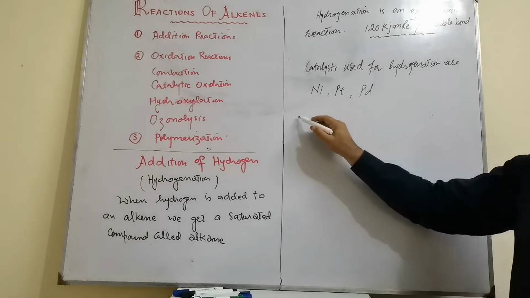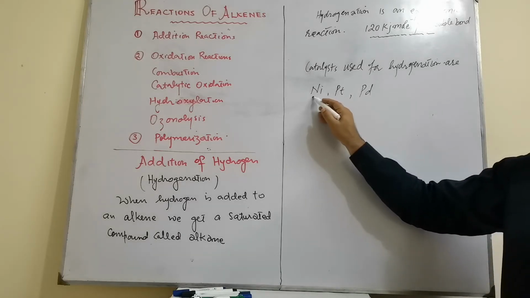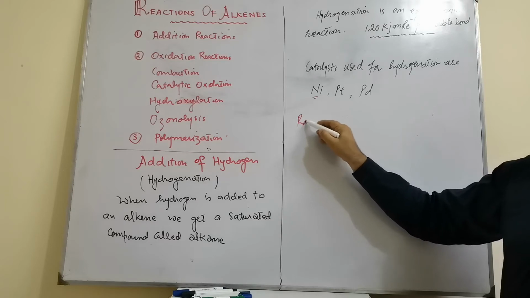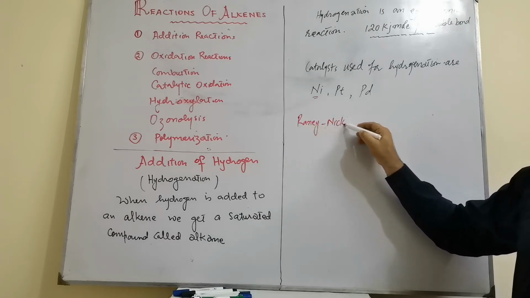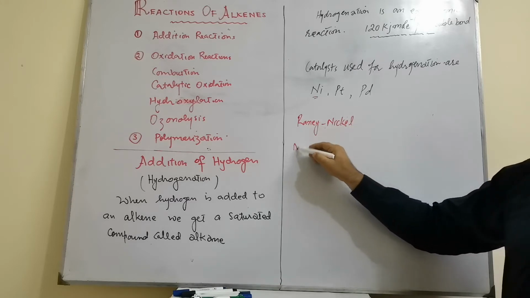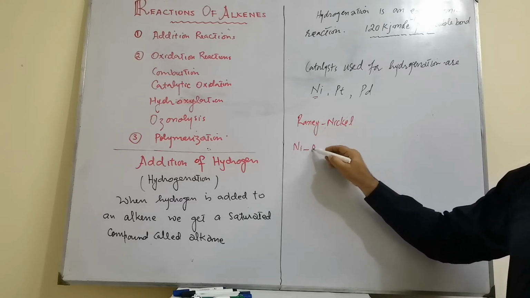Usually we use nickel. What is Raney nickel? We use in fact Raney nickel. It is a nickel aluminium alloy.